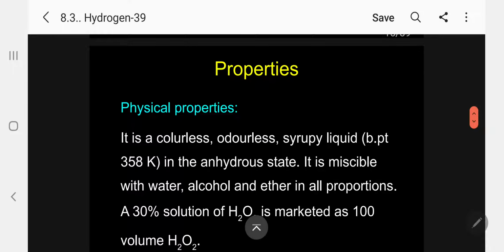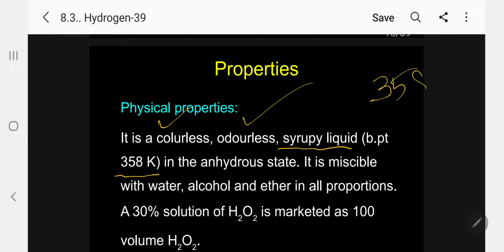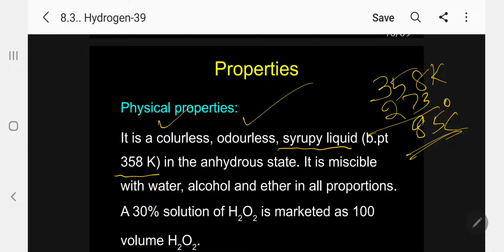Coming to physical properties. It is a colorless, odorless, syrupy liquid, boiling point 358 Kelvin. 358 Kelvin means if you subtract 273, it is 85 degrees centigrade, in the anhydrous state.